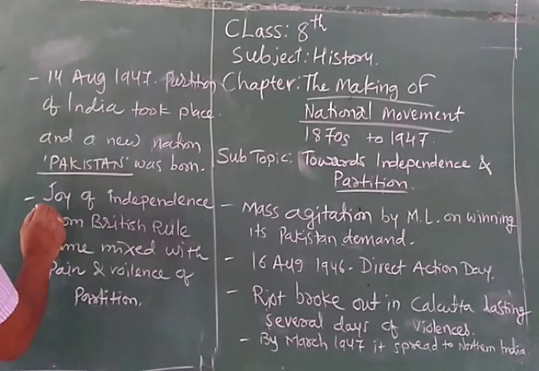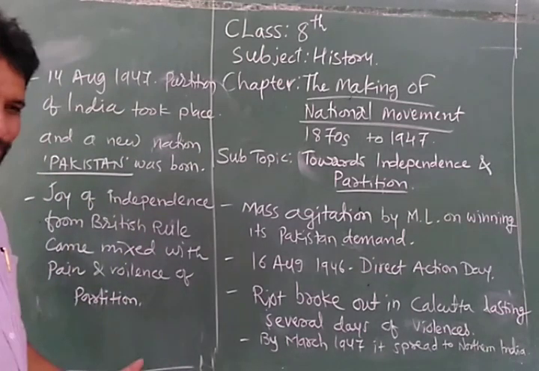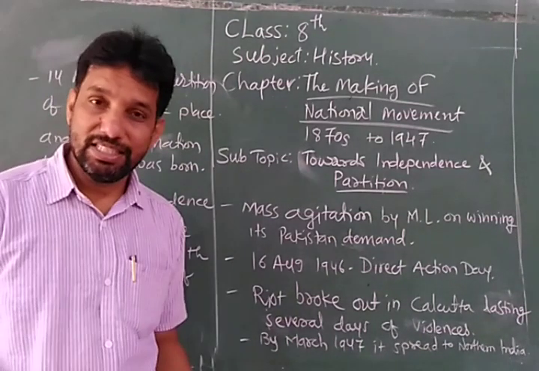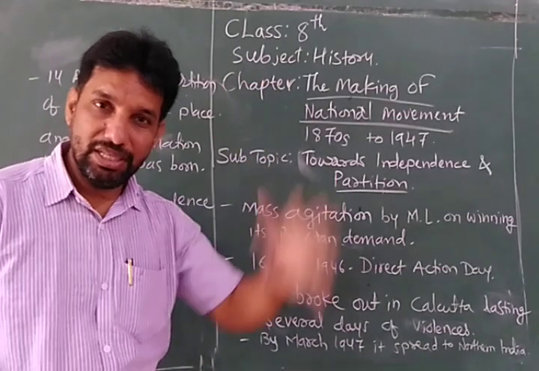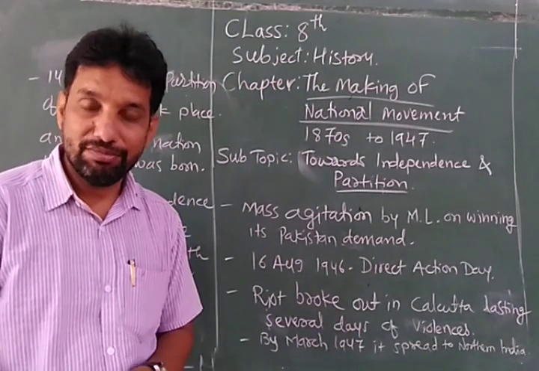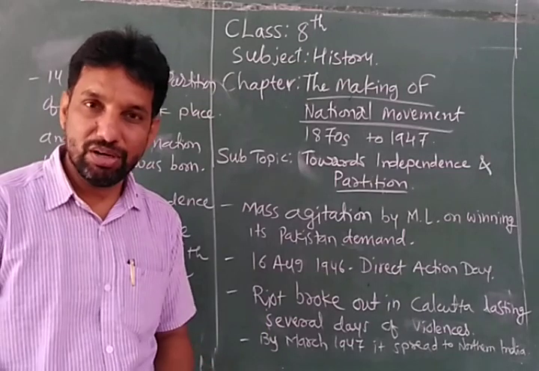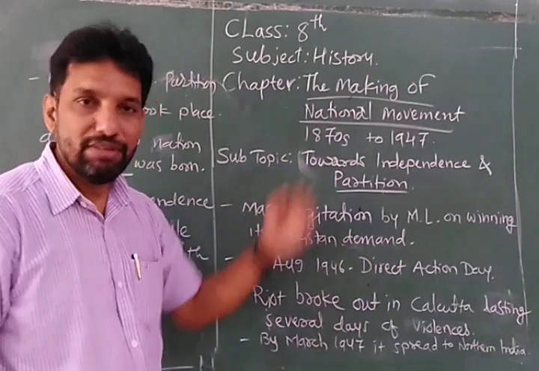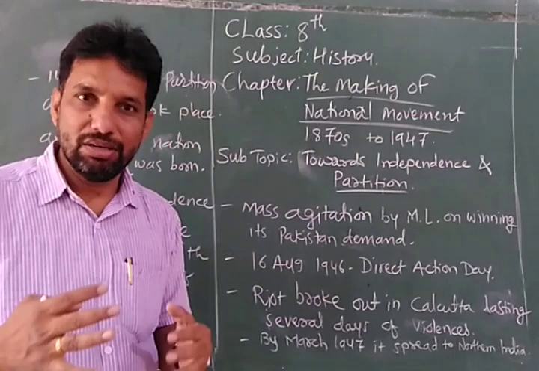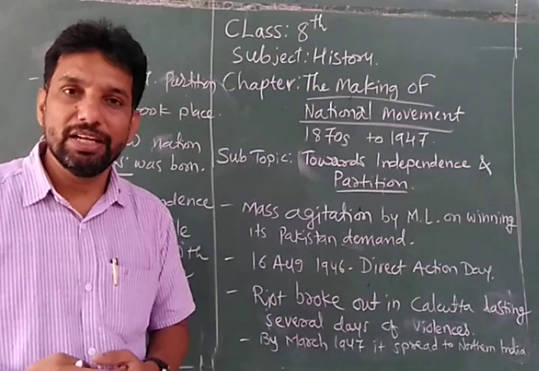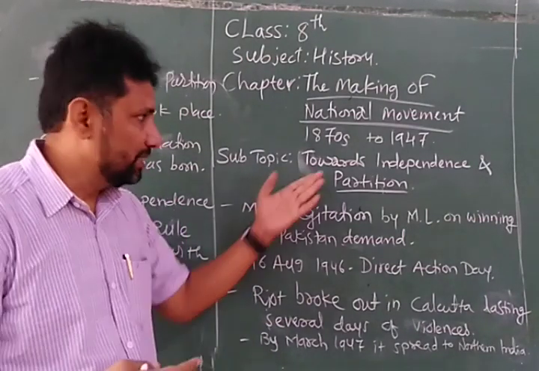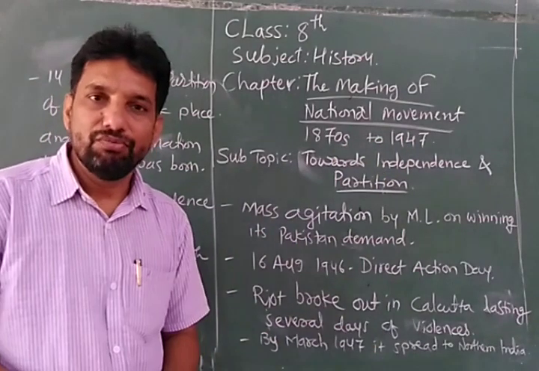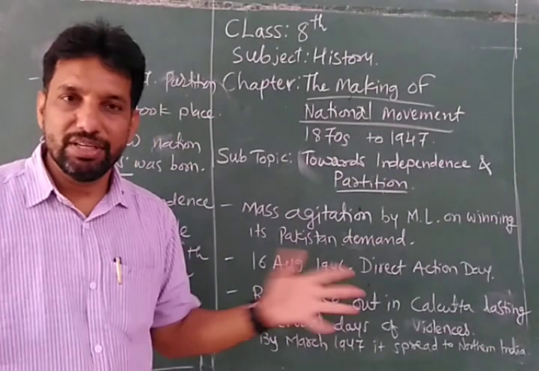Then the joy of independence. Yes, we struggled for getting independence since 1857. From 1857, it was the first war of independence of India, and particularly from the 1870s, the awareness among the people started, and by 1947, mass agitation was staged at different times.